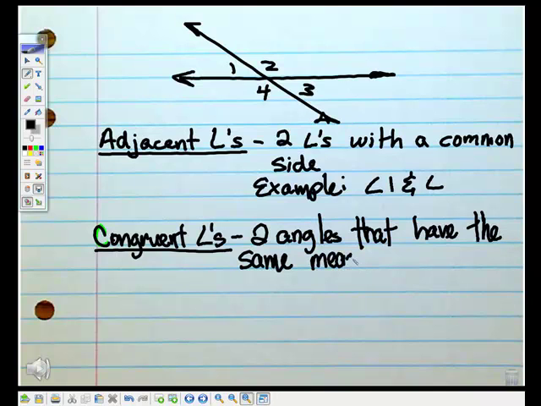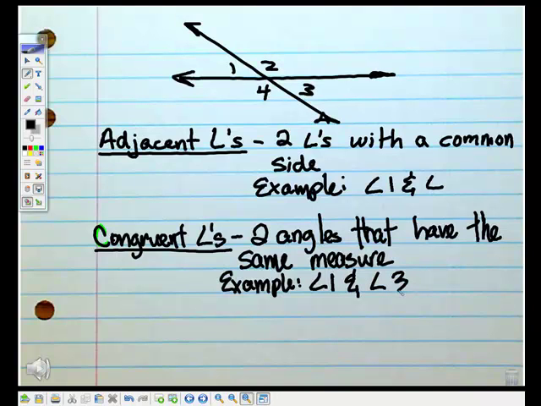In other words, they're the same size. In the drawing that we have up here, an example of this would be angle 1 and angle 3.